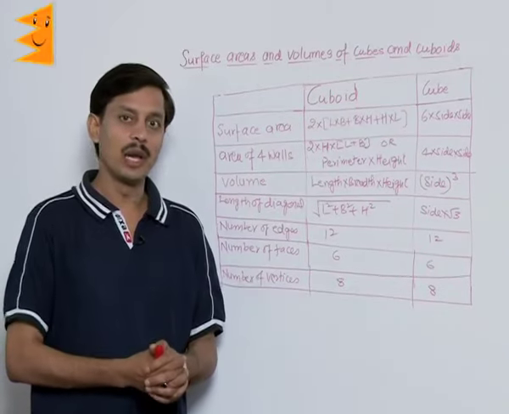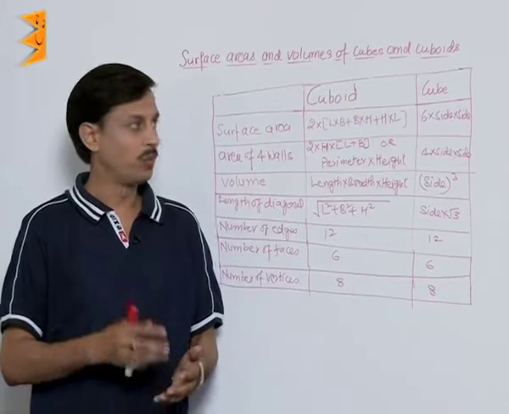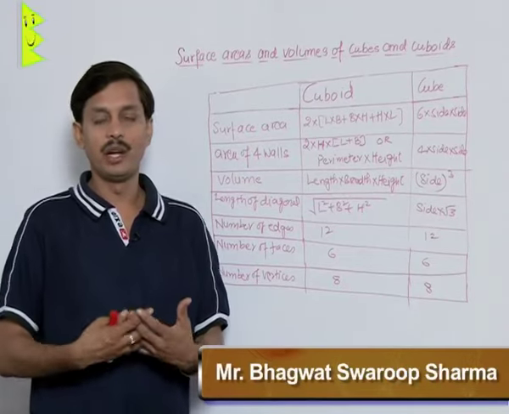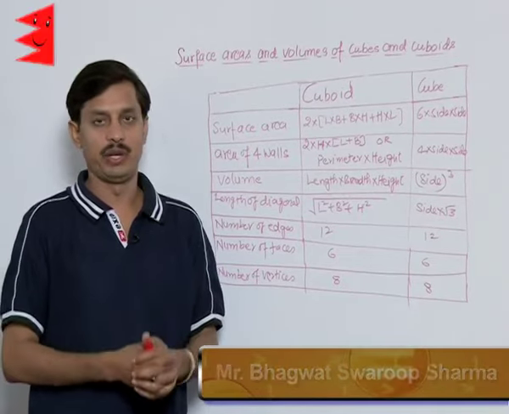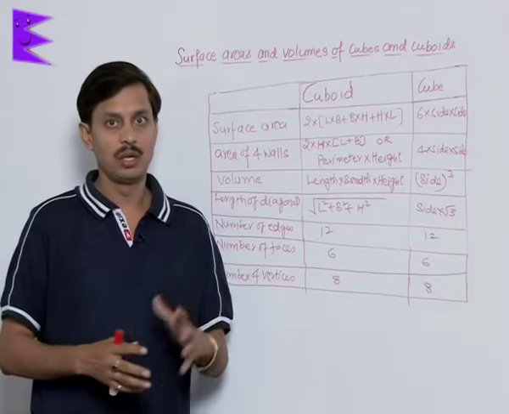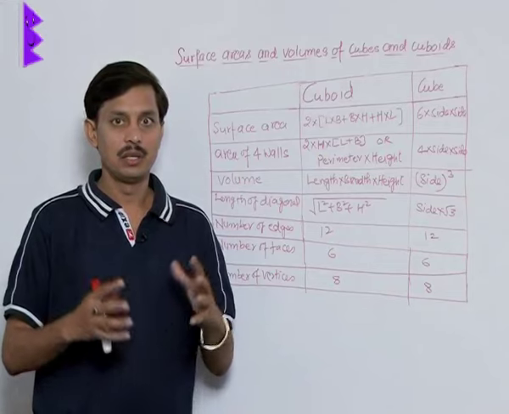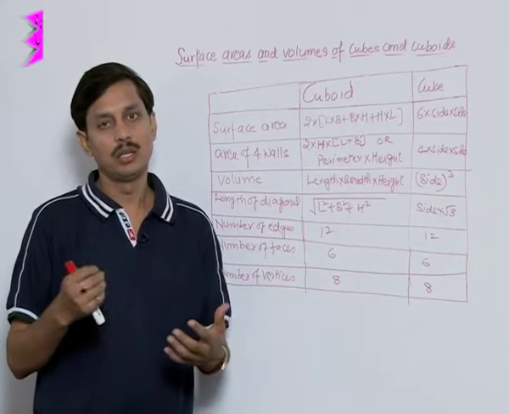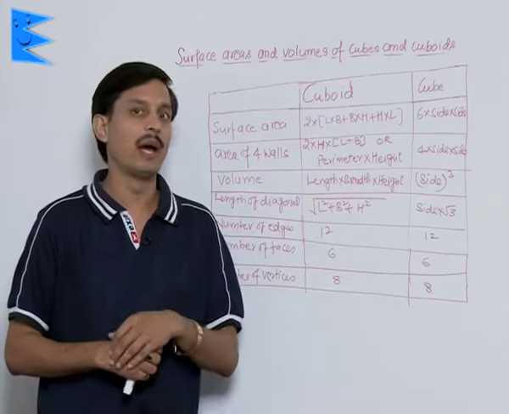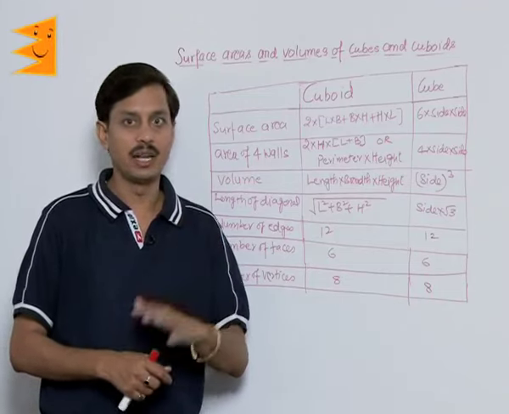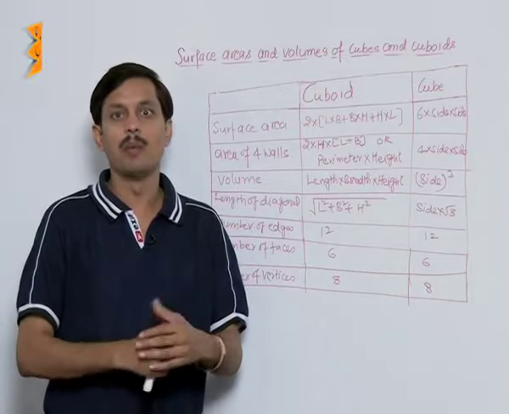Now I want to tell you the results required for solving problems related to cube and cuboid. We need 3 things to calculate the surface area, the length of the diagonal, and the volume of a cube and cuboid: length, breadth and height are the 3 important components.